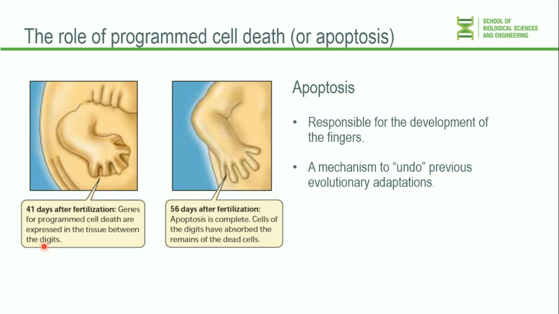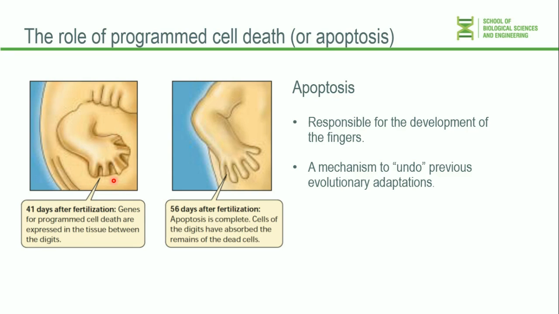Now, one example we can find in the developing human embryo. 41 days after fertilization of the zygote, the embryo still has skin tissue in between its digits. So there's actually tissue in here, and it reminds us perhaps of an amphibian ancestor that at some point we may have had.